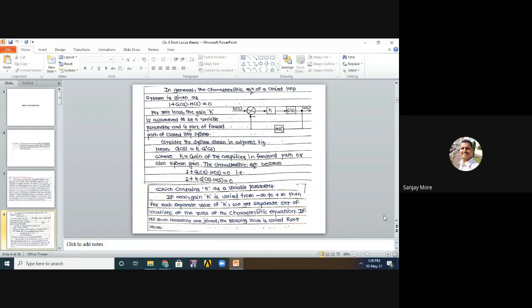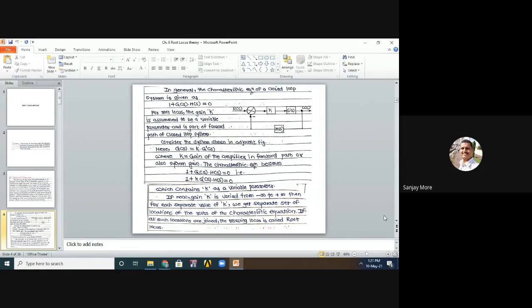Then the characteristic equation, 1 plus G(s)H(s) equal to 0, becomes 1 plus K into G dash(s) into H(s) equal to 0. So K is considered a variable parameter.